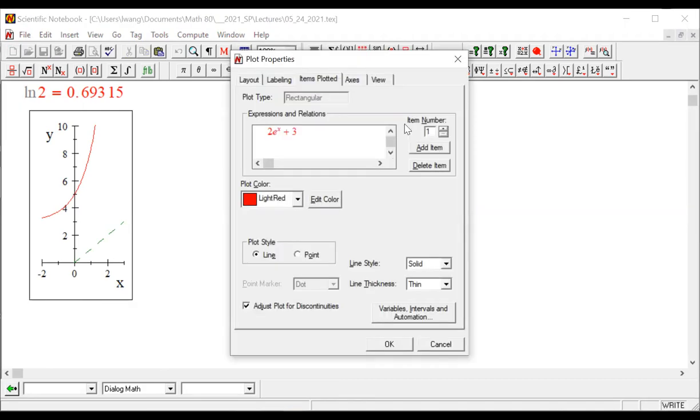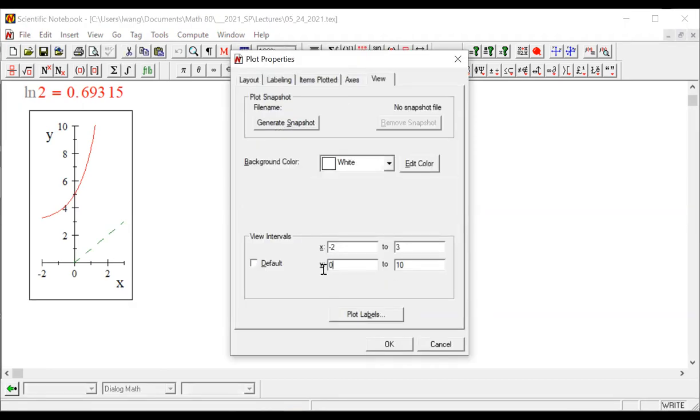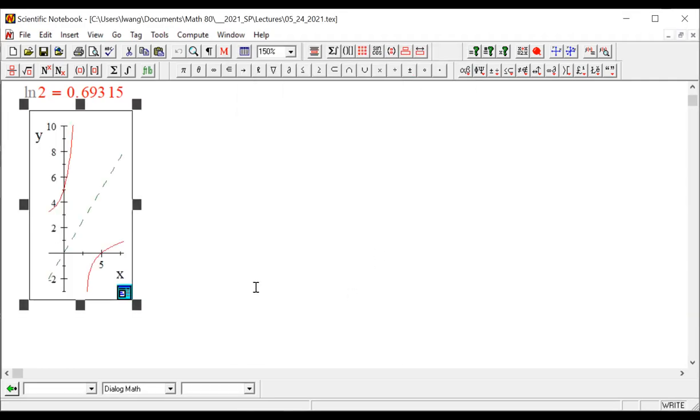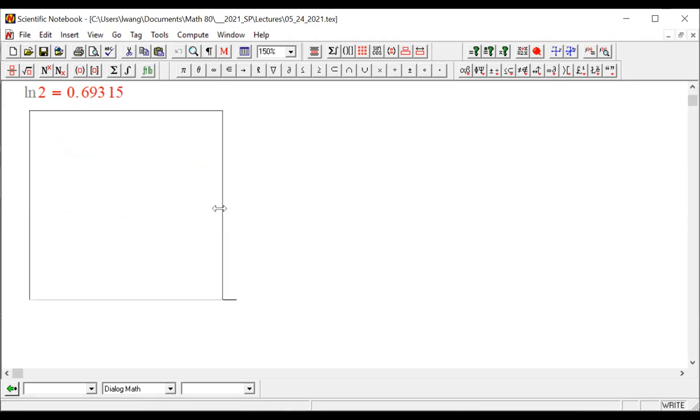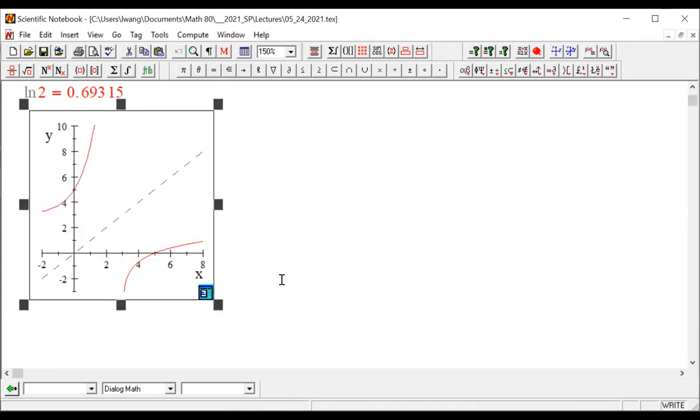Okay, and I need to make some adjustment for the picture. The scale needs to be adjusted, right? So we want these two to be about the same, symmetrical along the green line.